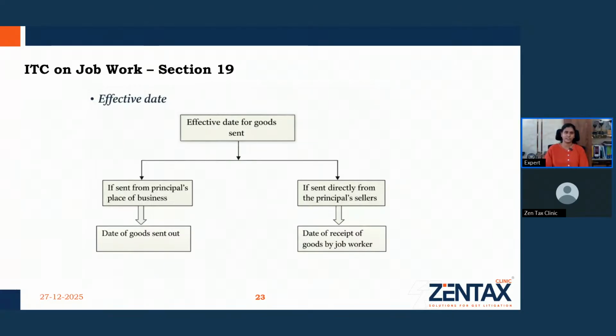In such a case, the effective date for sending the goods will be the date of receipt of goods by such job worker. That is, the date on which the job worker has received such goods will be treated as the effective date. From this effective date, the principal should get back his goods within a period of 1 year in case of input goods, or within a period of 3 years if it is a capital goods.